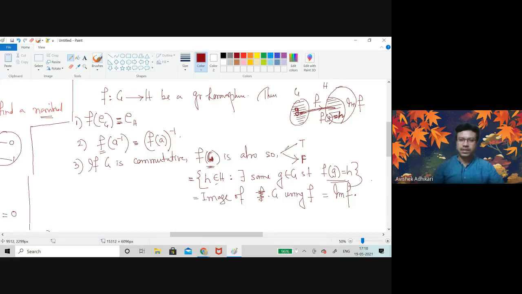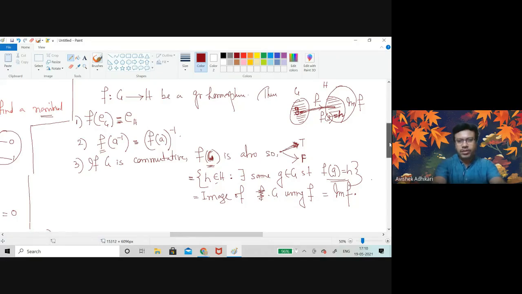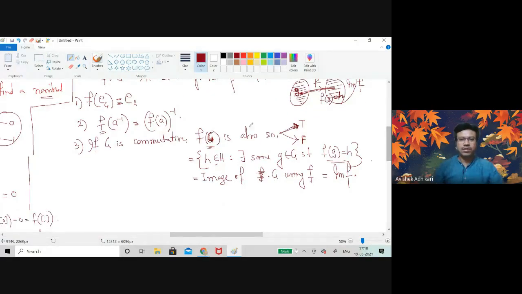So the question is, is f of G commutative? True or false now? Yes, sir. When I am talking about commutative, it must be a commutative group.